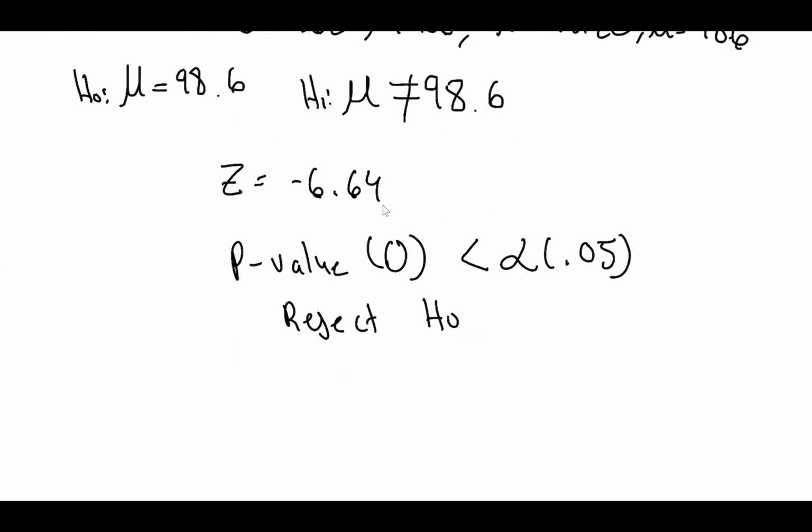Since we reject the null hypothesis, now we have to make a conclusion. For the conclusion, anytime you reject the null hypothesis, you always have to say there's enough evidence for the alternate hypothesis.